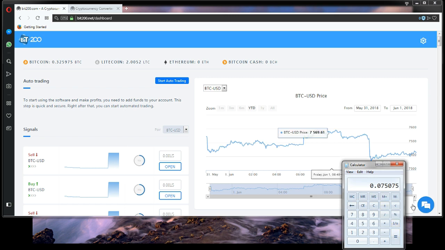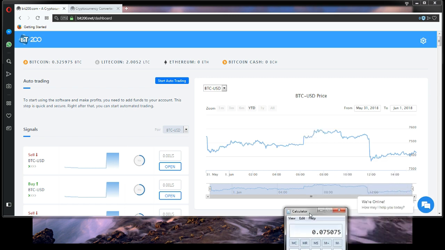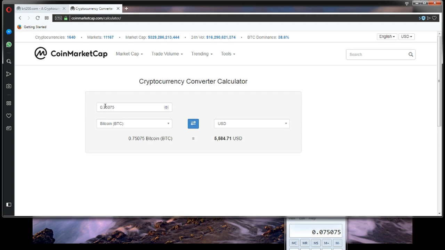Okay, so this is the profit I made. As you can see, just on the Bitcoin itself, I made almost $600 of profit. Right now, let's count how much profit I made with the Litecoin.